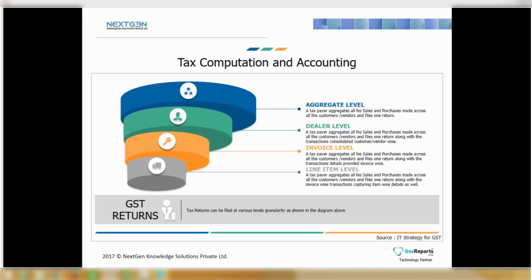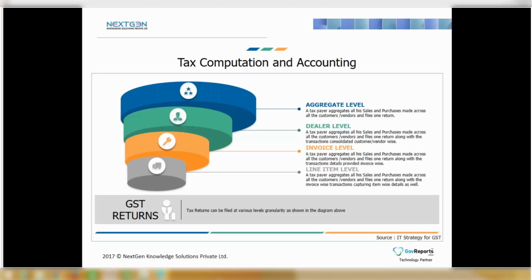And the last is, if it is drilled down, it could come down to line item level. A taxpayer aggregates all his purchases and sales made across all the customers and vendors and files one single return along with the invoice wise transactions capturing item wise detail, with the HSN code number. Friends, at the moment data is not matched on line item level.